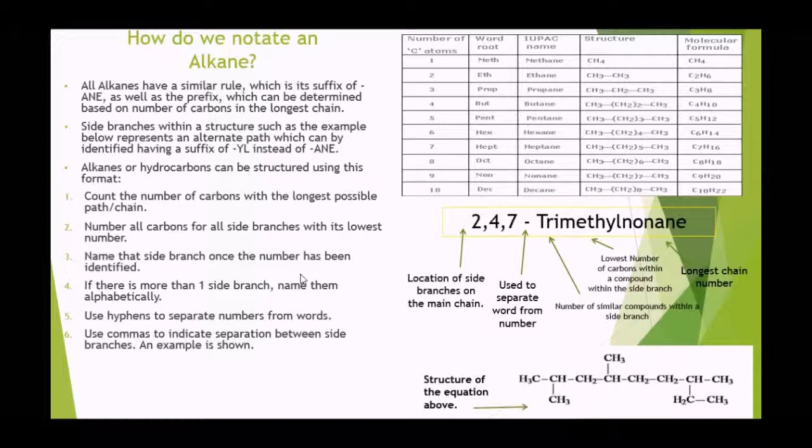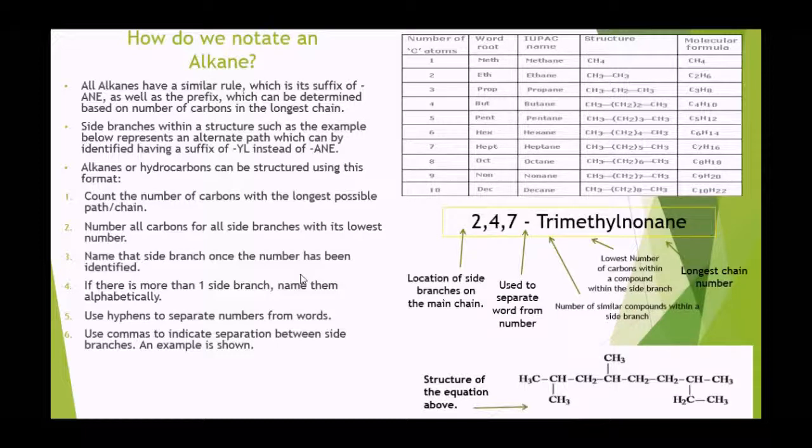Now because there's one carbon for each, it's methyl. And because there are 3 of the same kind, we say trimethyl. So if we put that all together, we get trimethylnonane. Now, these are the rules we can use to determine these structures and notations.